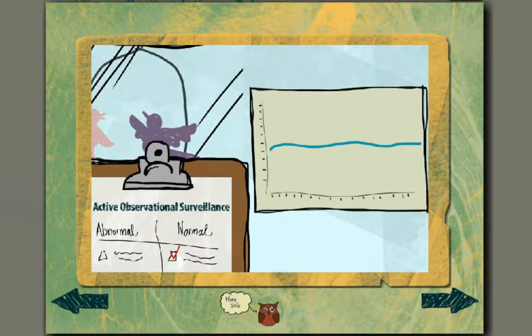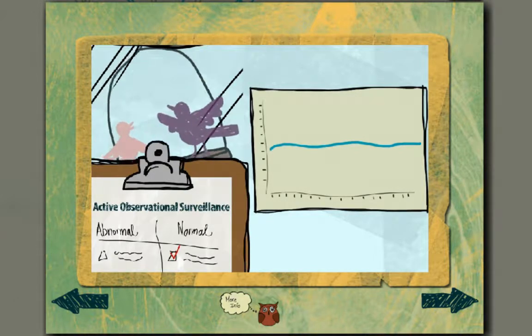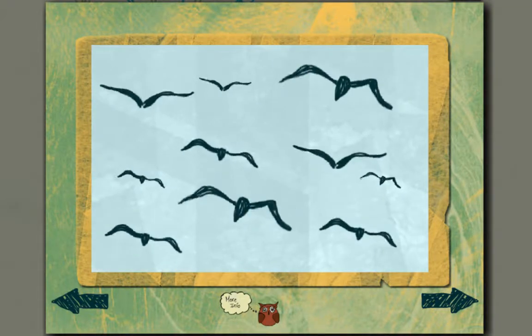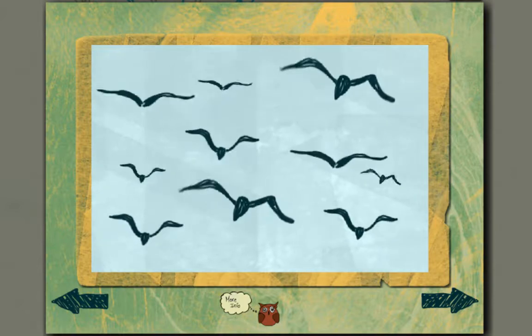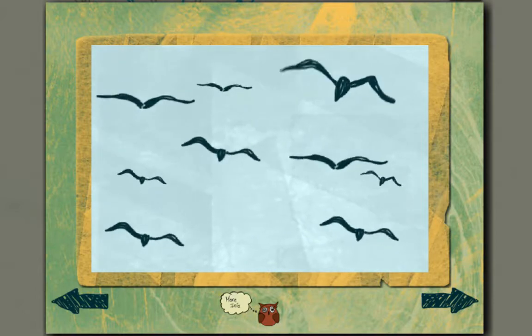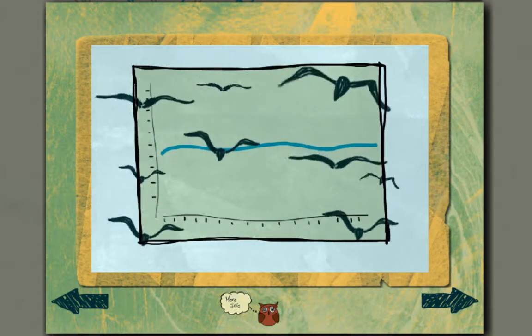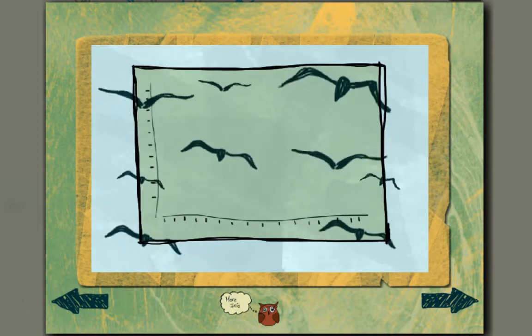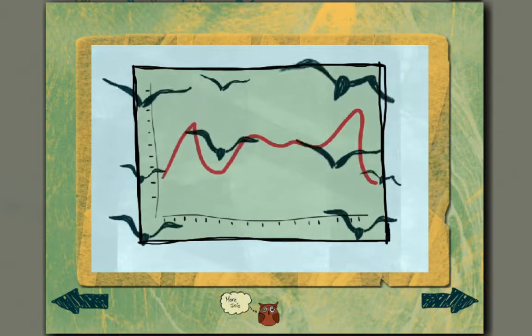A baseline pattern indicates the typical or average health status of animals over time and may include chronic ailments or mortality. For example, if a flock of birds is recorded as having an average of 1% mortality a month over an extended period of time, this would be considered a baseline pattern. Inconsistencies in observations or the absence of recorded data can lead to inaccurate baselines and may cause abnormal conditions to be overlooked.